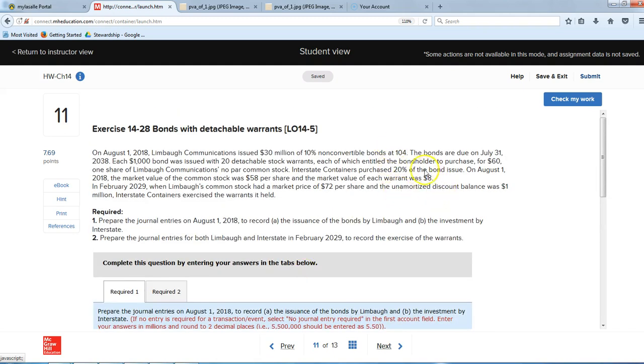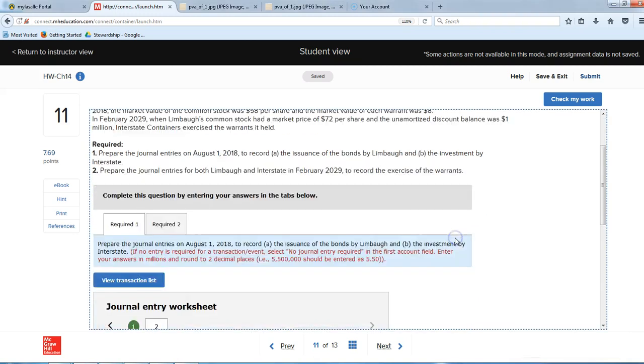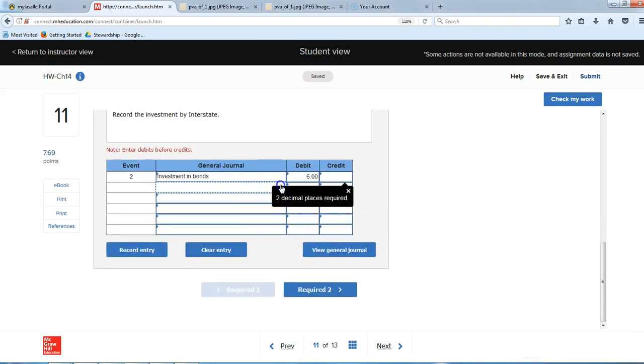Besides the bonds, there are warrants as well. $30 million divided by 1,000 multiplied by 20 warrants, but only 20% of warrants were purchased. Each warrant is $8. So 0.96 is the investment in warrants.